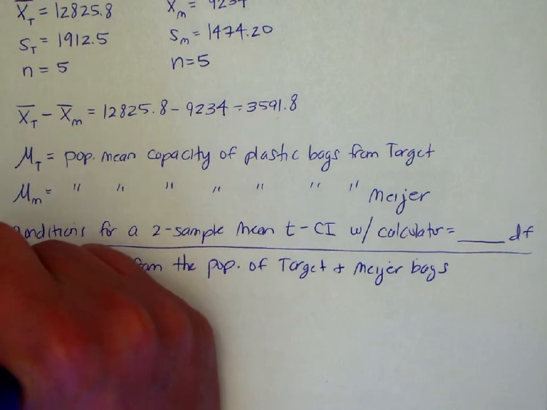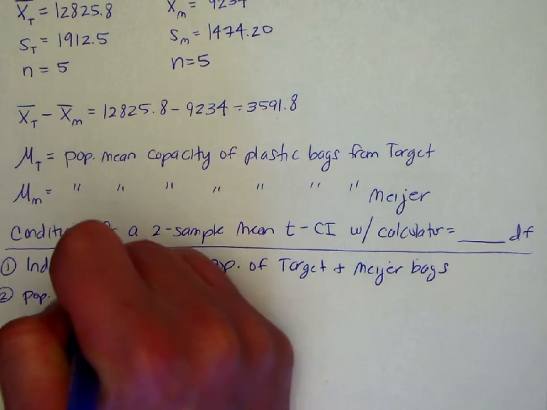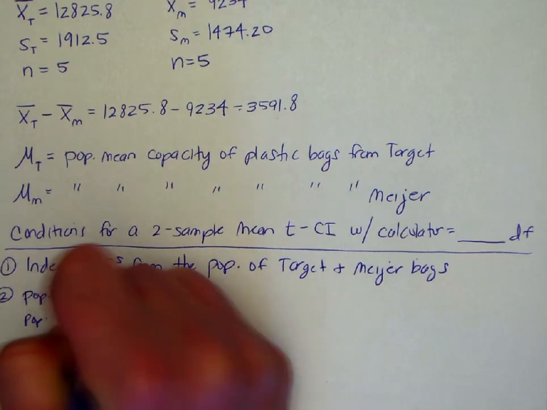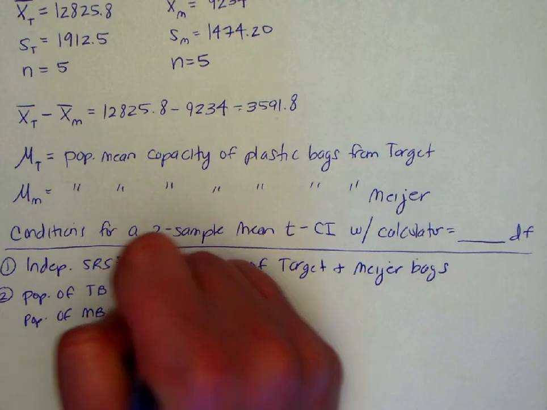Number 2, we have to check that the population of Target bags and then the population of Meyer bags are both greater than 10 times n.